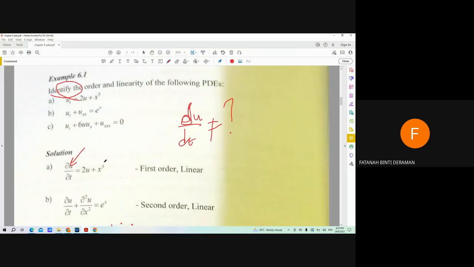Why do we call it half? Because we just differentiate half because of partial, because in this equation we have two variables, which are u and x.